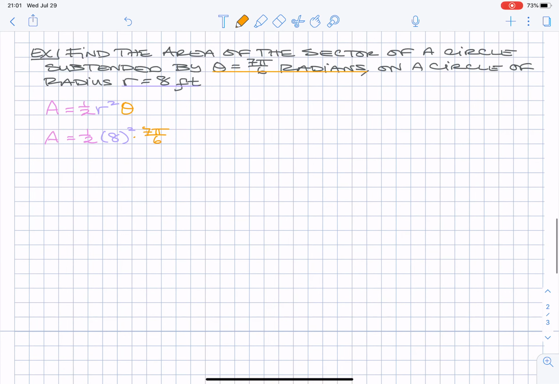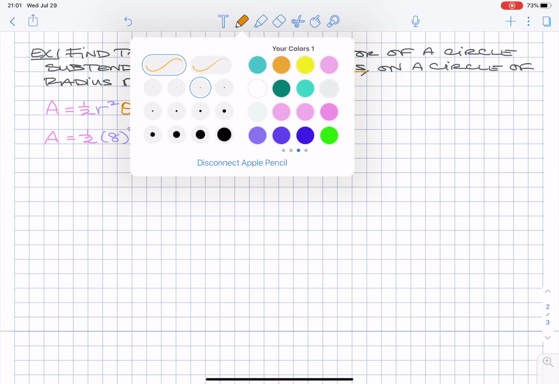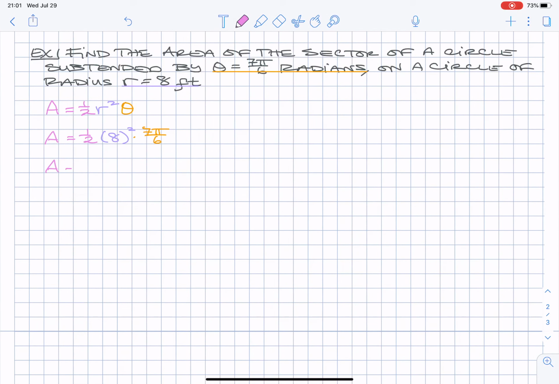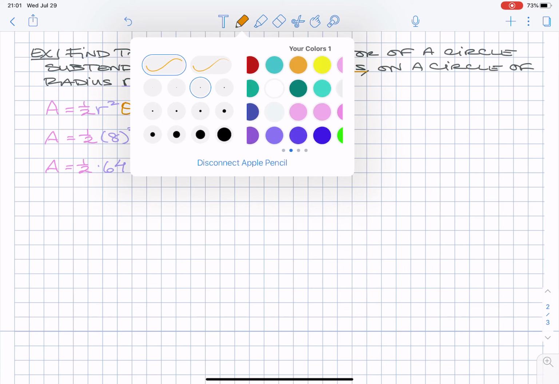Okay, so 8 squared is 64. So 1/2 times 64 times 7 pi over 6. Does 2 go into 64? It does, and that would be 32.